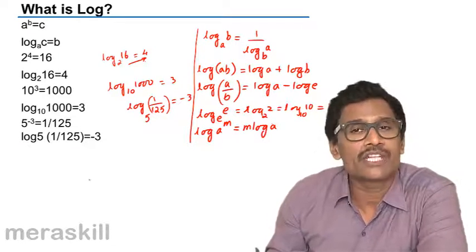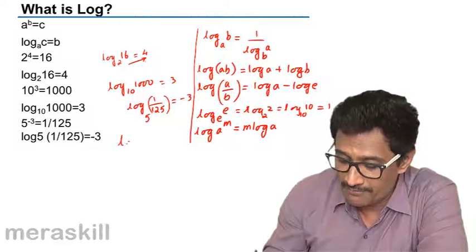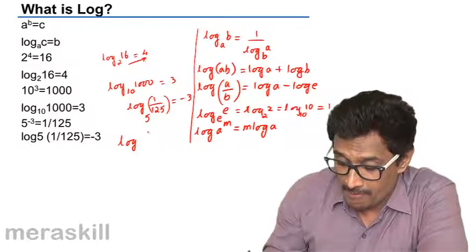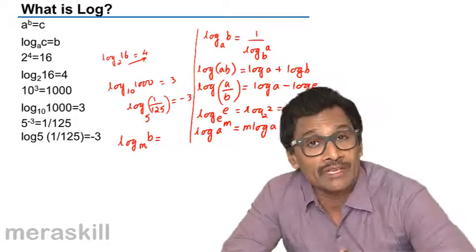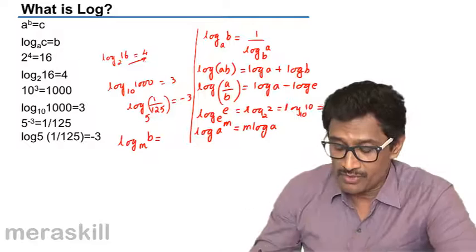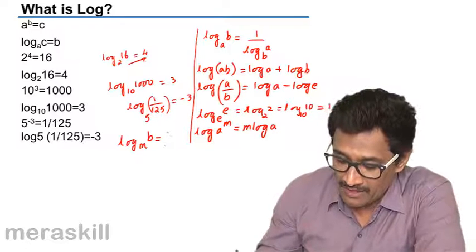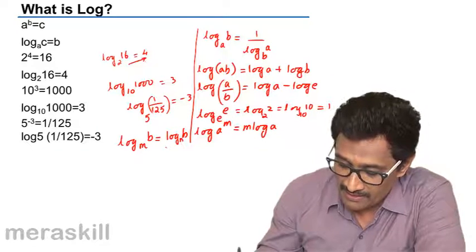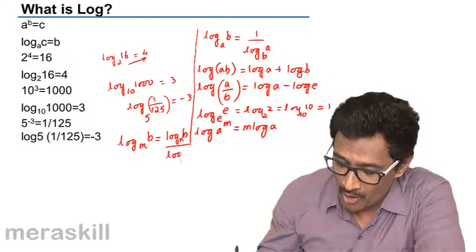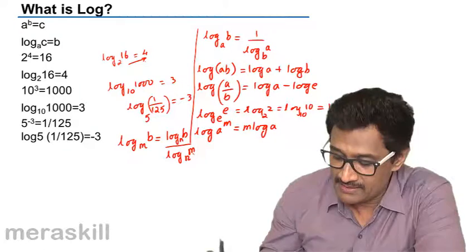Then we have certain change of base rules. Suppose you have log of b to the base m. Now suppose I want to change this base to say n. This is the same as log b to the base n divided by log m to the base n.